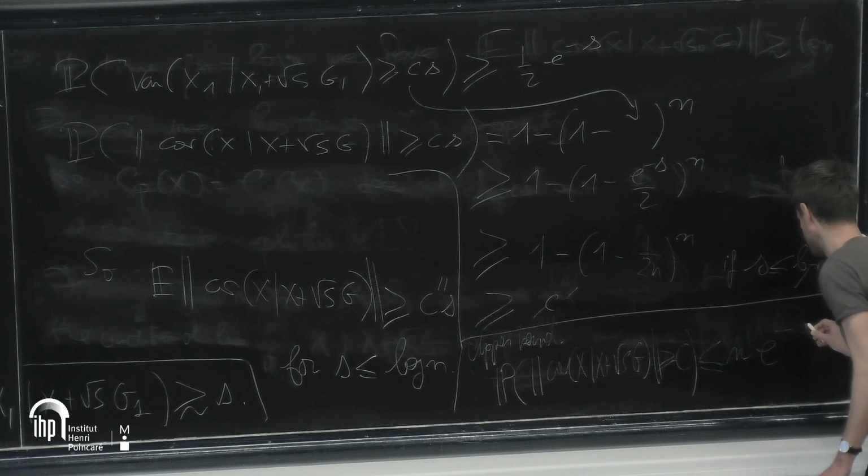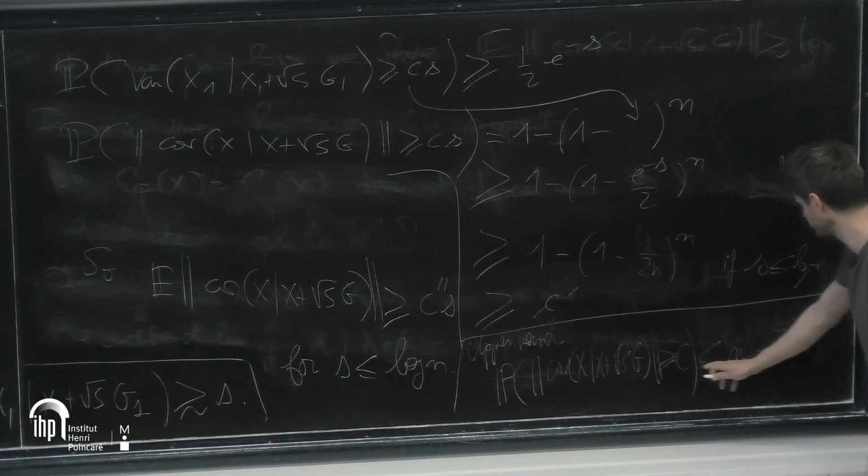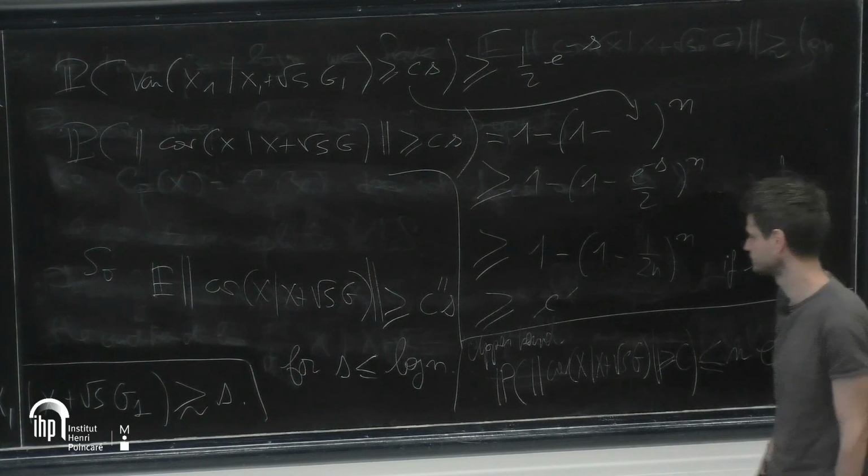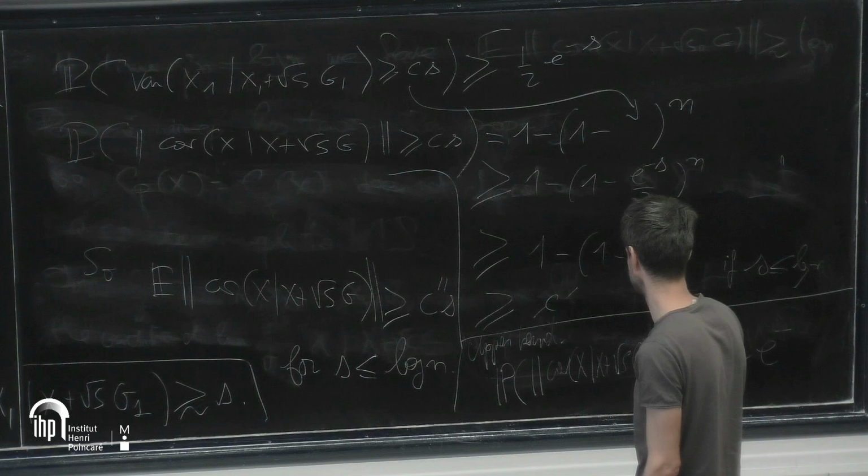So by the union bound, you will get e minus... You take the upper bound in the same range for s.